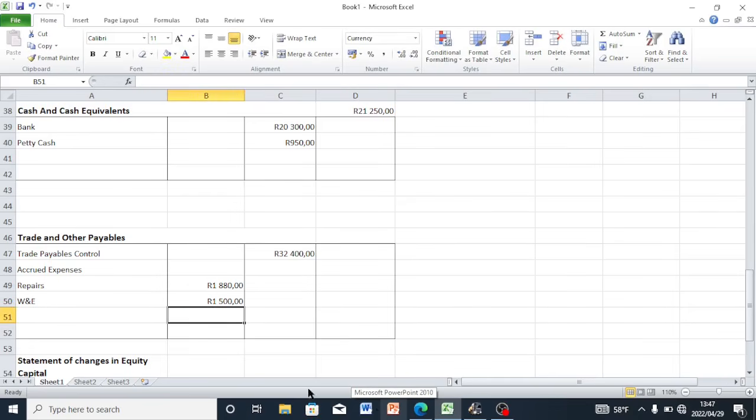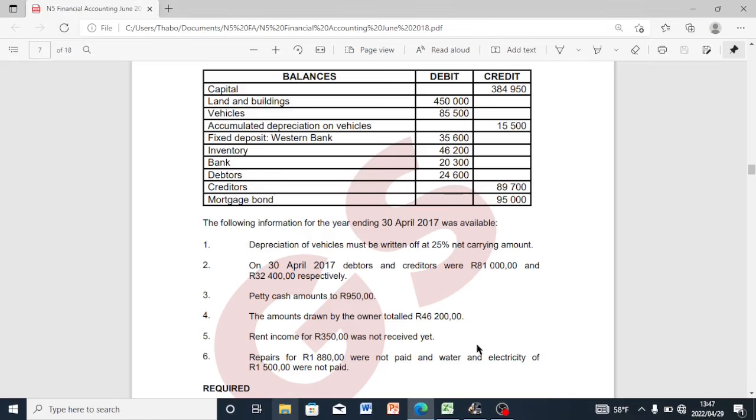So again, by the look of things, I think we are done with our trade and other payables note, and on our information we are done with everything except for our drawings, which is going to be recorded on our capital note.